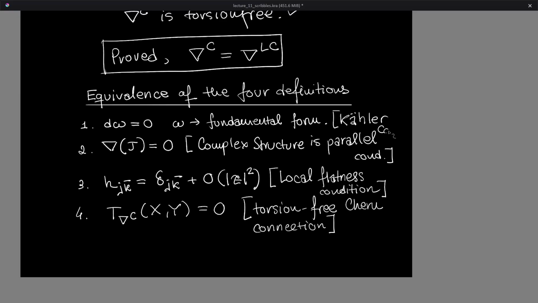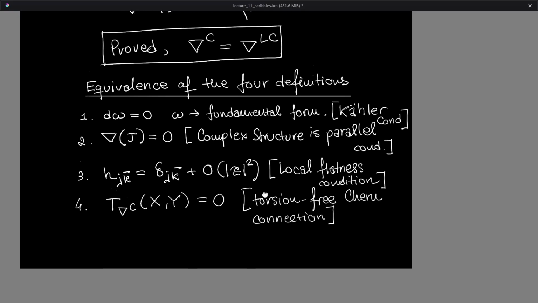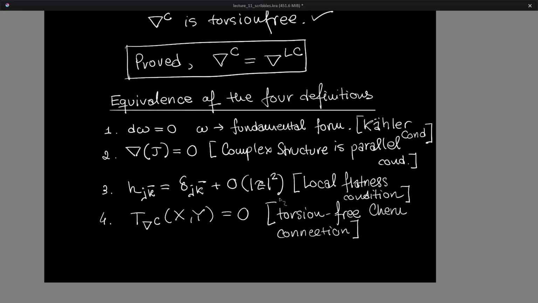So let's see how each of these translates to the Kähler condition, how we would find that these are all equivalent to each other. So first of all, 1 is equivalent to 2 because nabla J equals 0 is equivalent to d omega equals 0 if J is integrable.